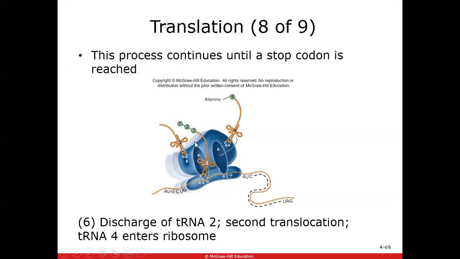And that's what happens. This tRNA leaves. This one now has 3 amino acids. It will go over to the P area, and a new transfer RNA will come into the A site and will correspond to this codon. That's the next codon in the messenger RNA.